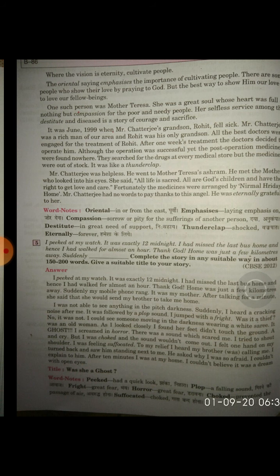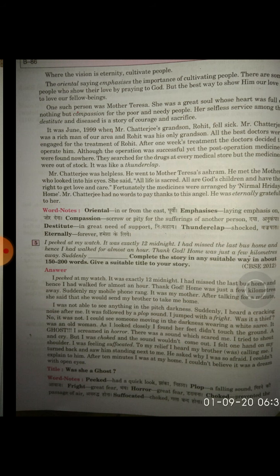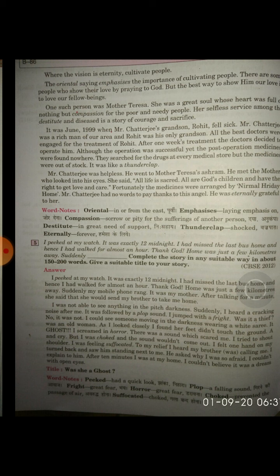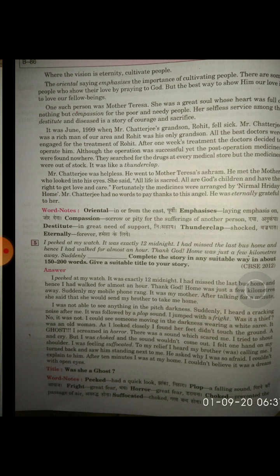Never forget these two things. After all, you have to imagine your story as per your question, what the situation is before you. And last, fourth, be careful about your grammar. Your story should be correct grammatically.